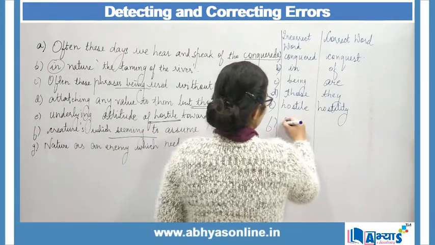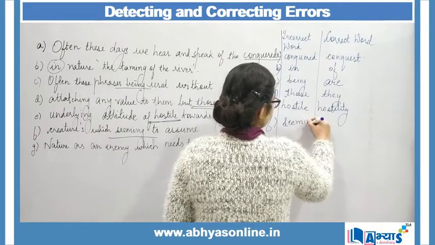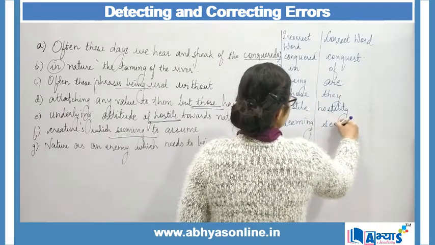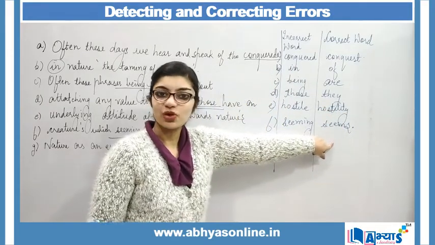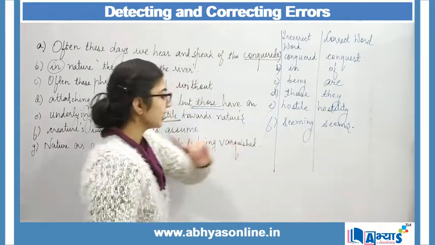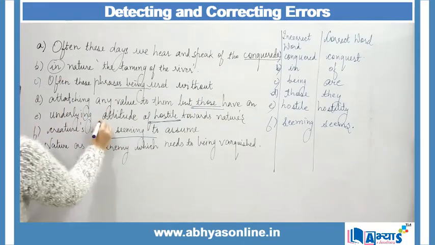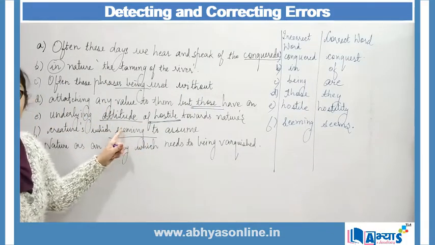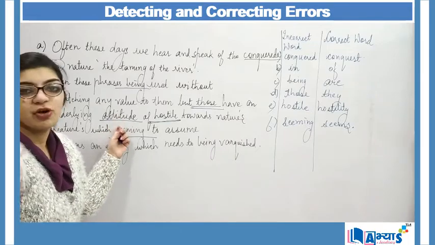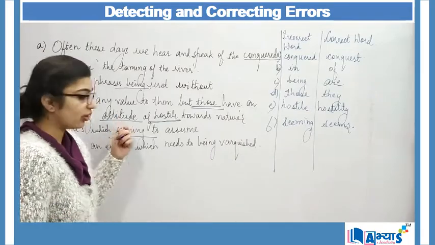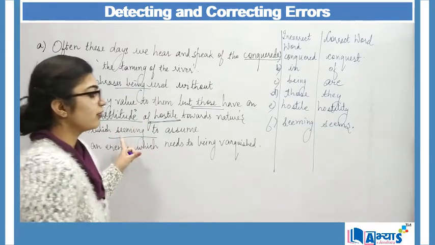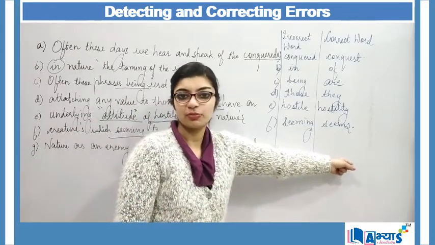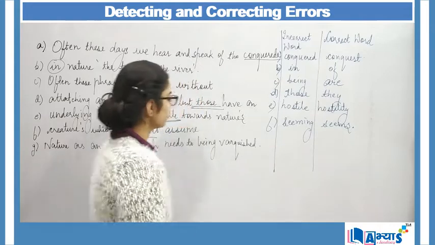So instead of seeming, I will be mentioning seems. And why am I writing seems over here and not seem? That is again for a reason, because I am talking about attitude. Attitude is singular, and for a singular subject, when I am talking about an attitude that is only one, I will be making use of seems.